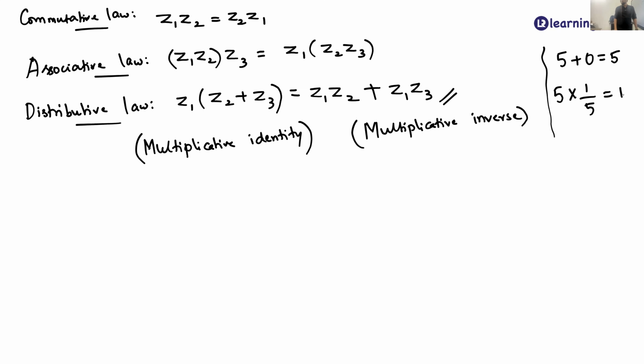The number 1 is called the multiplicative identity, not the multiplicative inverse. If I take a number and multiply it by its multiplicative identity, it gives back the same number.